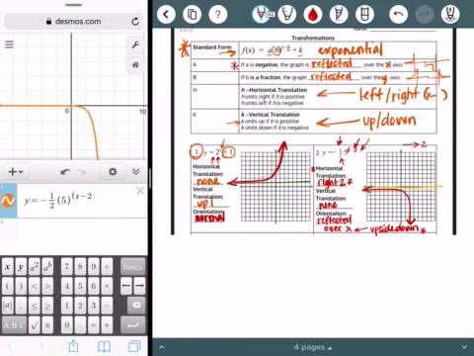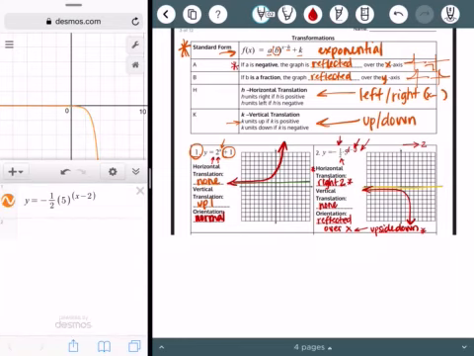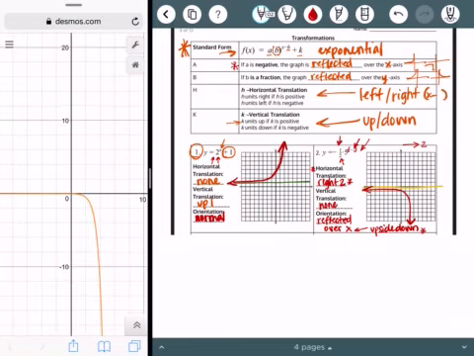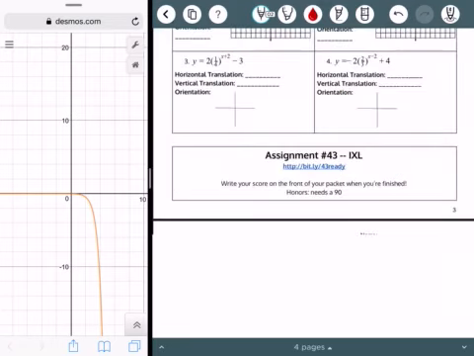And I can see that my graph is, as I said, shifted over just a little bit and it's upside down. So go ahead and try these ones. You're just writing down their horizontal translation, so looking at this part, and then writing down their vertical translation, looking at this part, and then writing down their orientation. So that's looking at these two numbers.